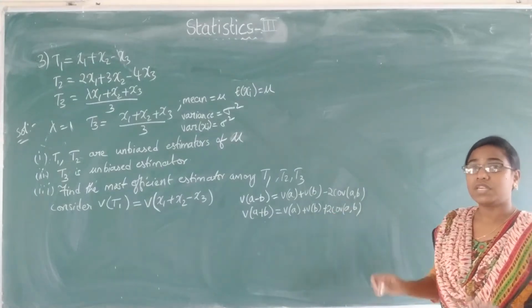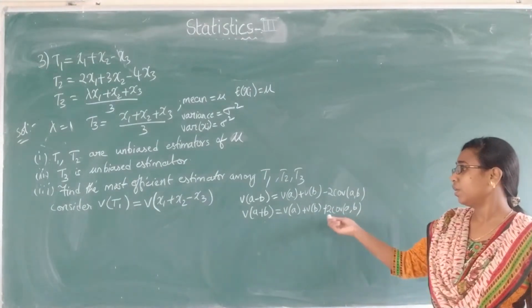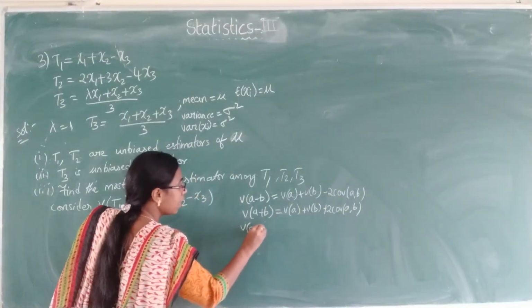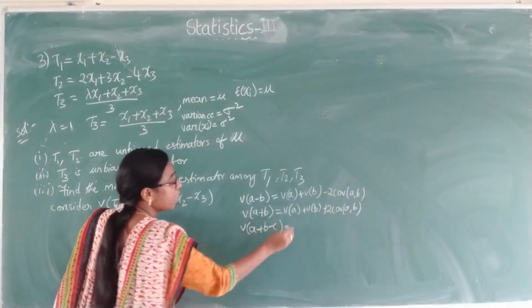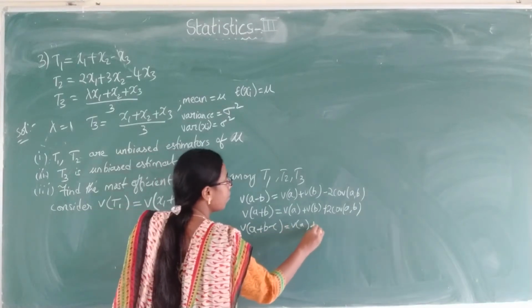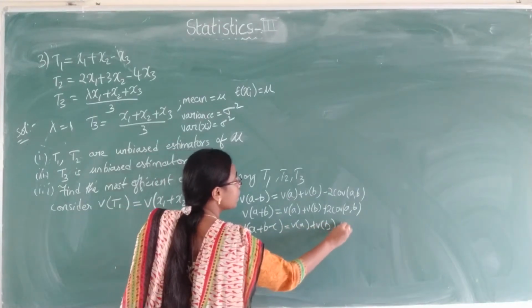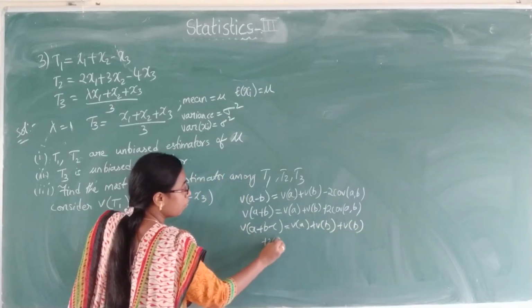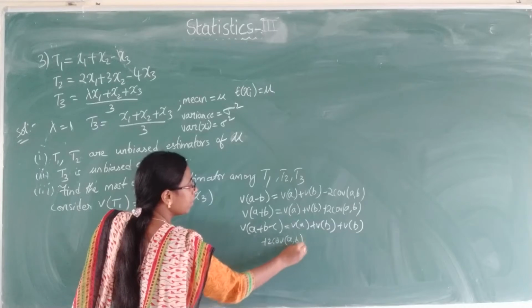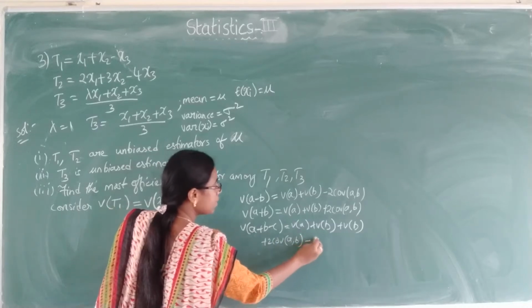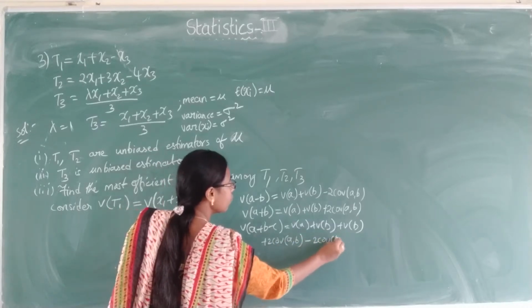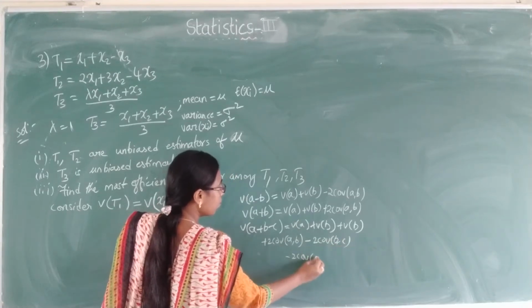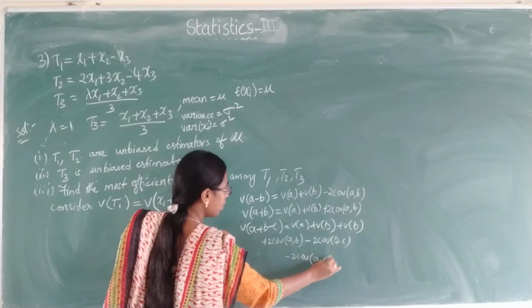Plus 2 into covariance of a comma b, minus 2 into covariance of b comma c, minus 2 into covariance of a comma c.